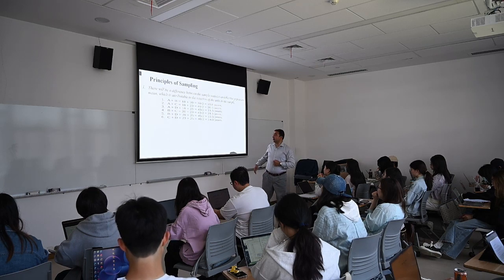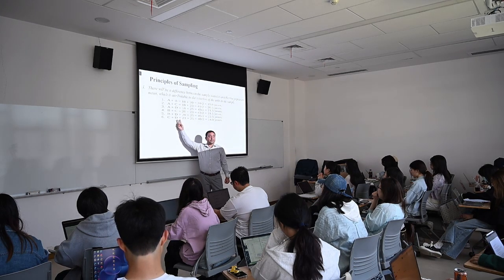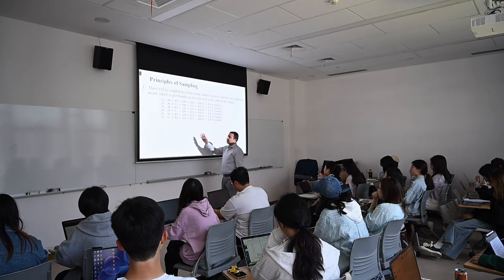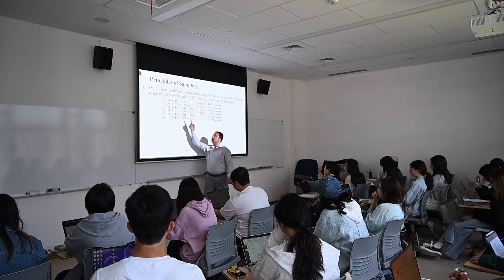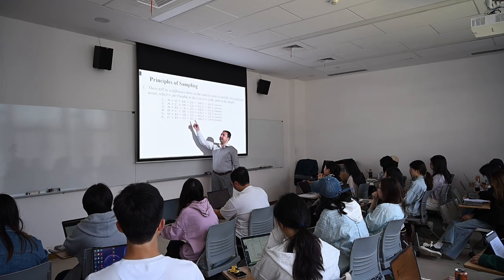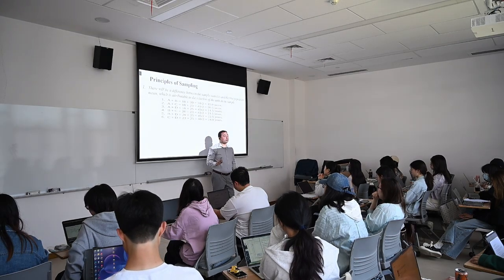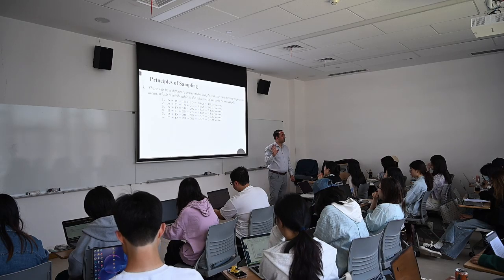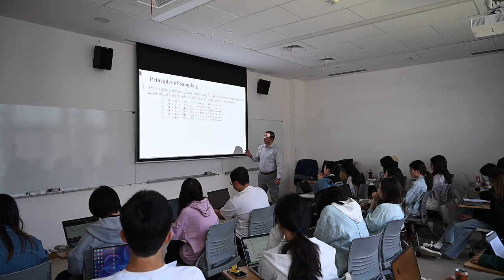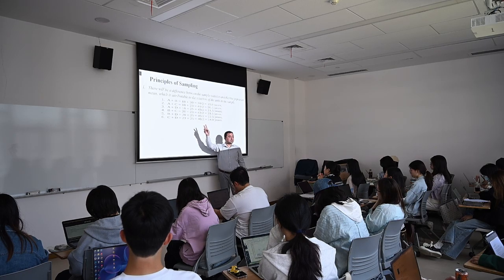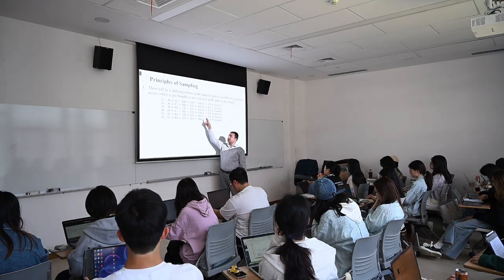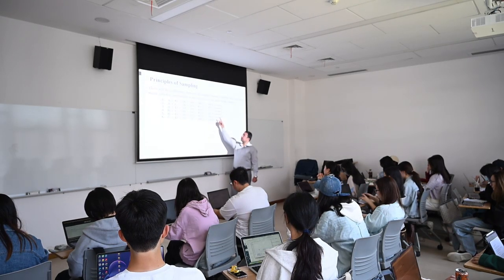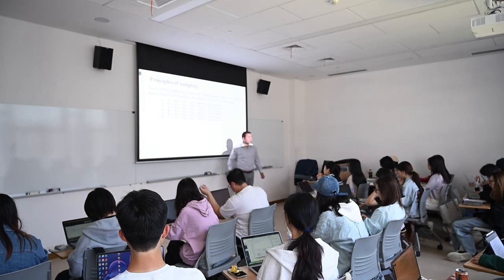Now, if you want to select a sample of size 2 out of 4, how many options do you have? 6. A and B, A and C, A and D, B and C, B and D, and C and D, right? You can calculate the average age of each sample of 2. You add them and divide by 2, and you will get the average age. It ranges from 19 to 24.